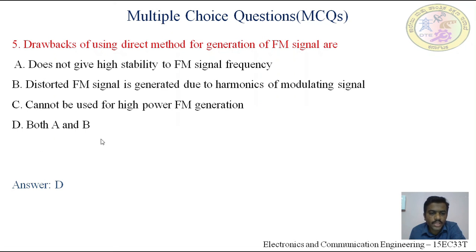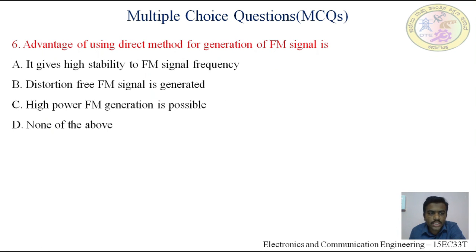Both A and B. Sixth question: advantage of using direct method for generation of FM signal is options: A. It gives high stability to FM signal frequency. B. Distortion free FM signal is generated. C. High power FM generation is possible.